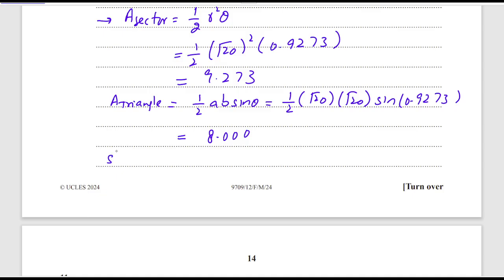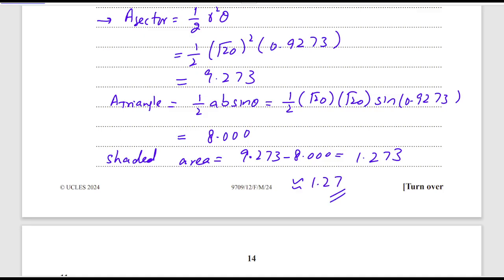So the shaded area is equal to 9.273 minus 8.000, which is equal to 1.273. This is approximately 1.273 to 4 significant figures. So this is the required area.